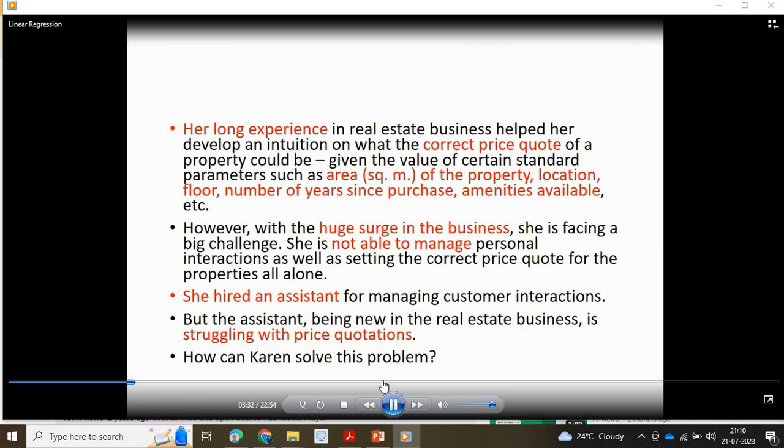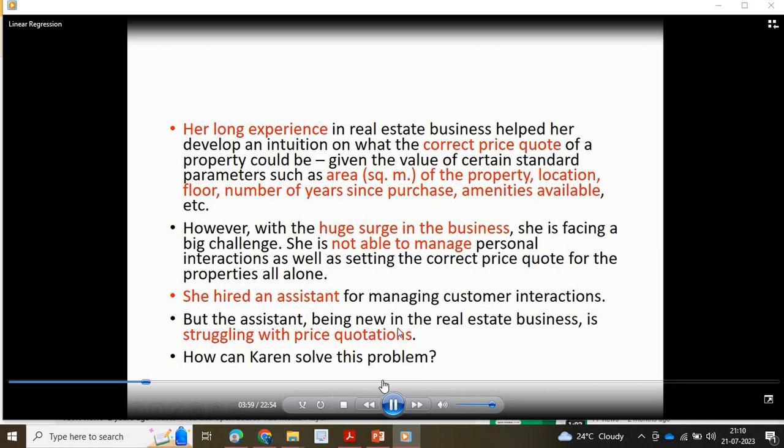Based on these predictors, she used to correctly quote the price. However, with the huge surge in the business, she is facing a big challenge because she is not able to manage the personal interactions as well as setting the correct price quote for all the properties all alone. So she hired an assistant for managing the customer interactions.